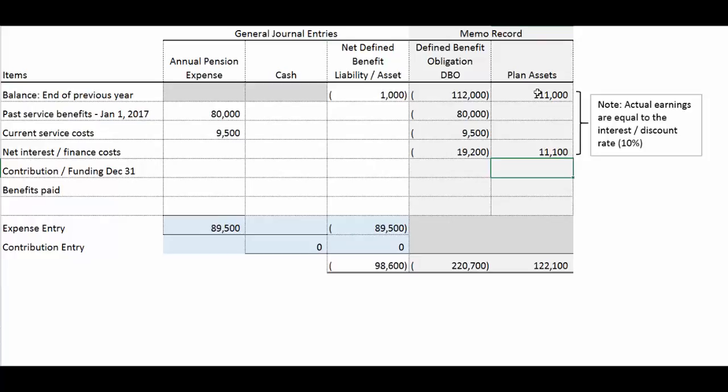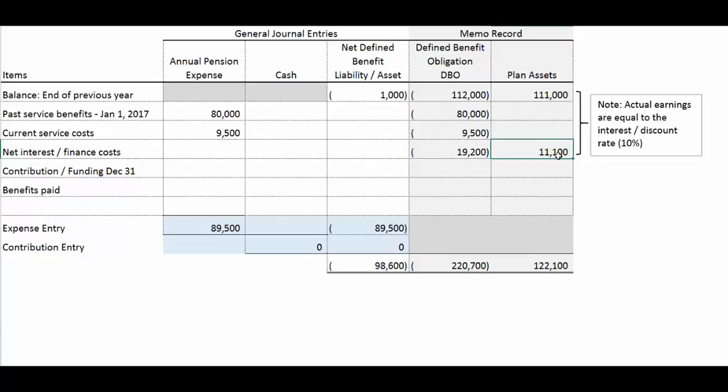And of course, it's even possible for them to lose money, so that the actual earnings could be less than $11,100, for example. But in this particular case, we're seeing that the actual plan assets are still equal to what we were hoping for.